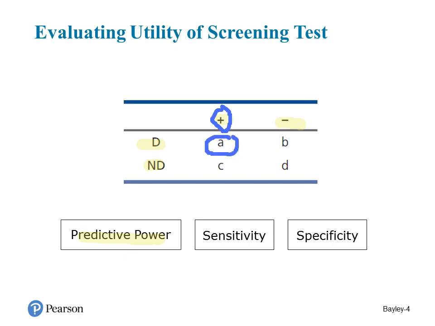Like I said for sensitivity, a true positive. Similarly, negative predictive power is the likelihood that someone with a negative test result will not have the disorder. So what is the likelihood that someone with a positive test result actually has the disorder?